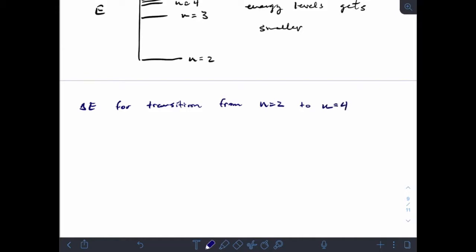Okay, going from a lower energy level to a higher energy level means that I have to put energy in. So we have our equation for calculating a change in energy. So that would be 1 over 2 squared minus 1 over 4 squared.